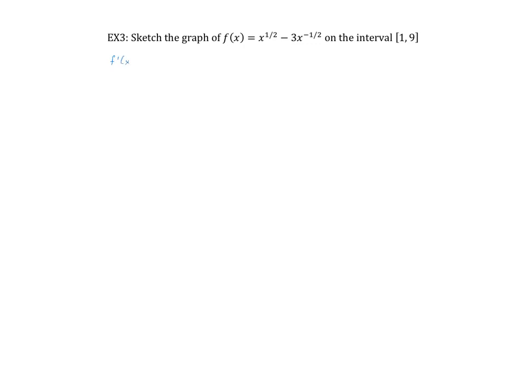Our first derivative is going to be 1/2 x to the negative 1/2 plus 3/2 x to the negative 3/2.